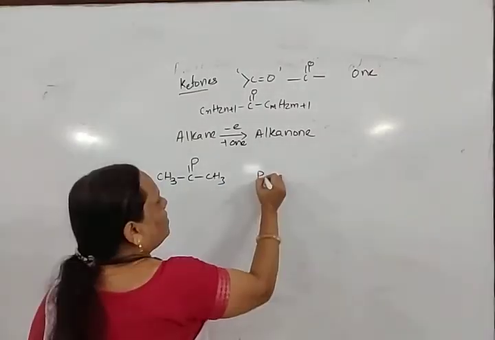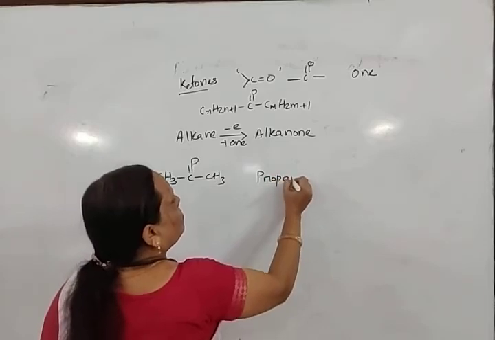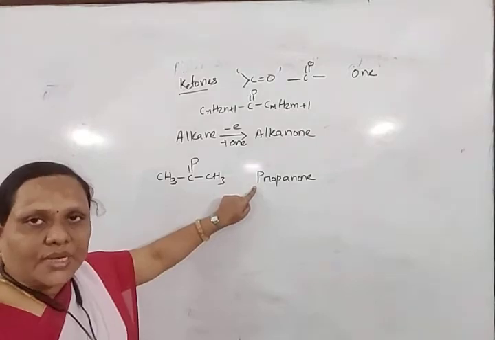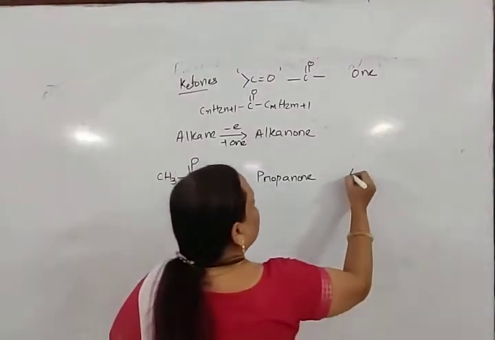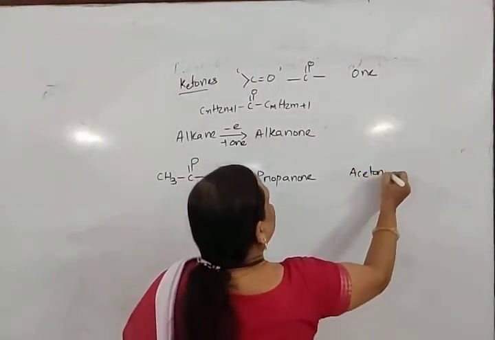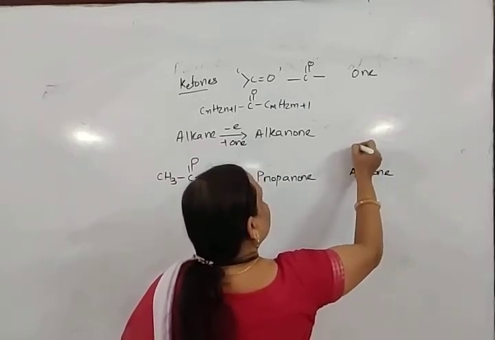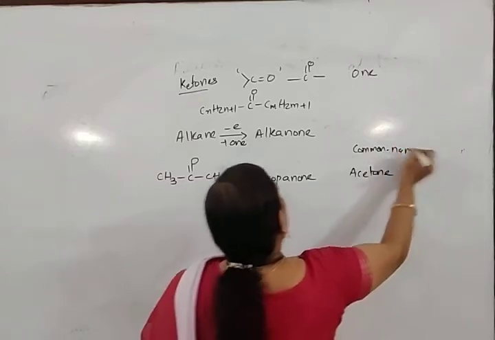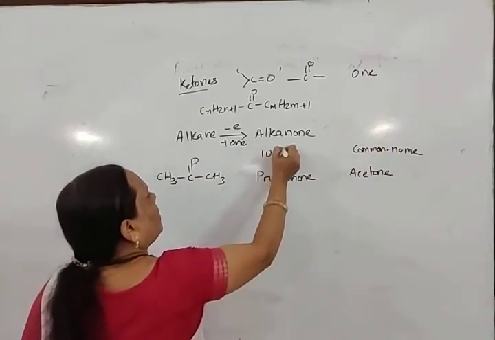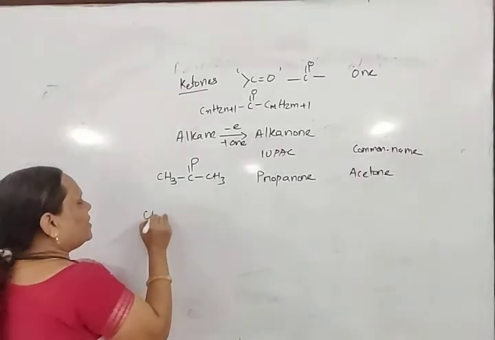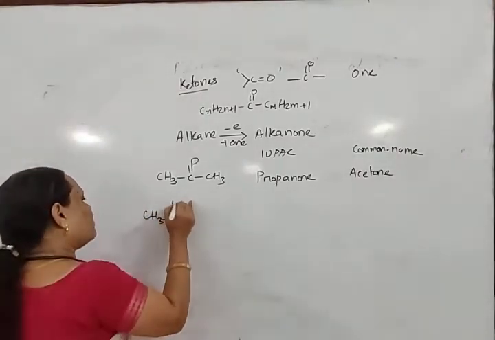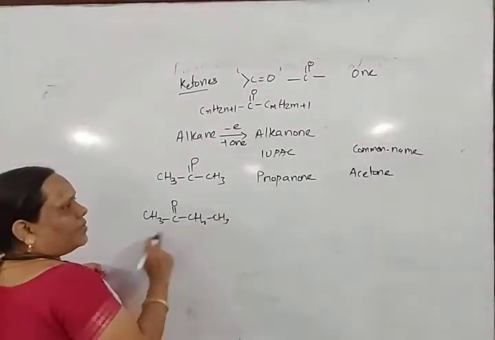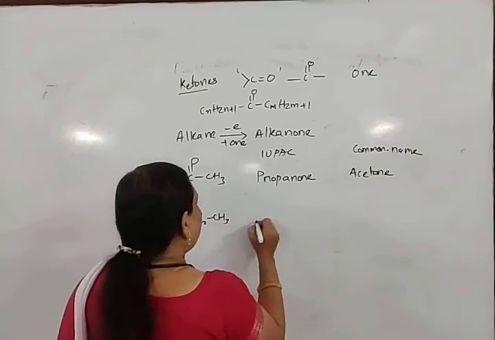According to IUPAC, this is propanone, and the common name is acetone. And again CH3, C double bond O, CH2, CH3. This is known as butanone.